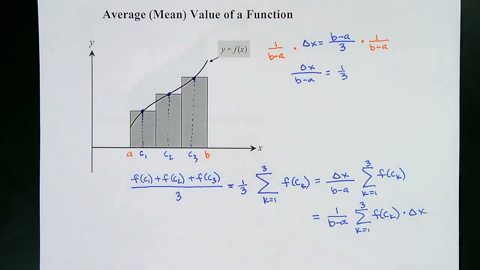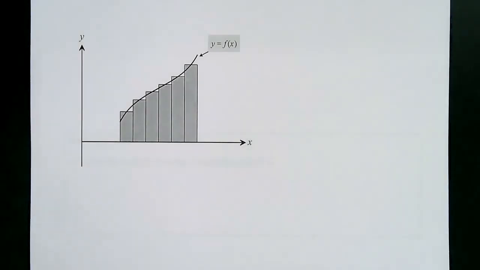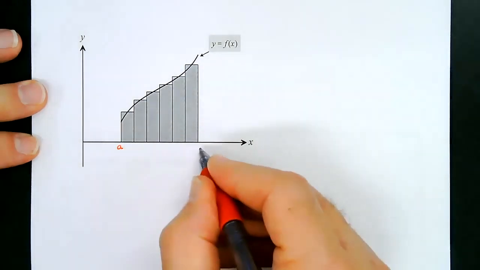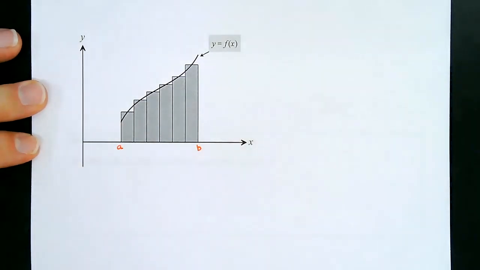But that doesn't work because we want to add all of them, right? So what I'm going to do next is double the number of rectangles, and we're going to have 6. We're going to build from this idea of 3 of them, and continue building until we figure this problem out. Once again, the left endpoint is a and the right endpoint is b.